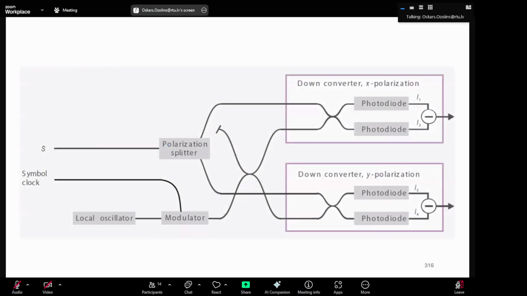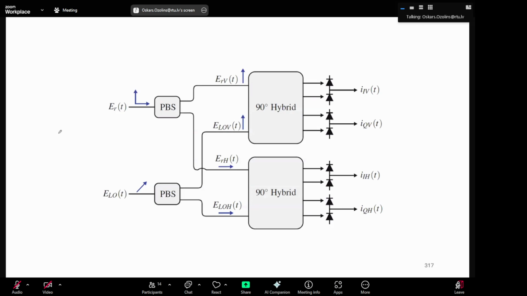Right. So we already saw this measurement here, that you can do it for each polarization. And a little bit more with the equations here, how it looks when you split the polarization. So you have an incoming polarization.